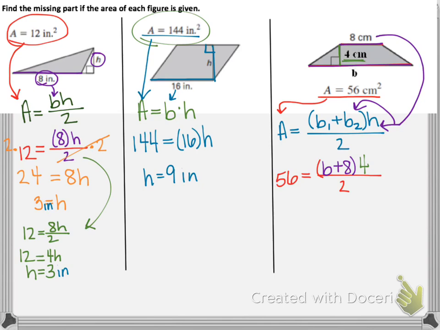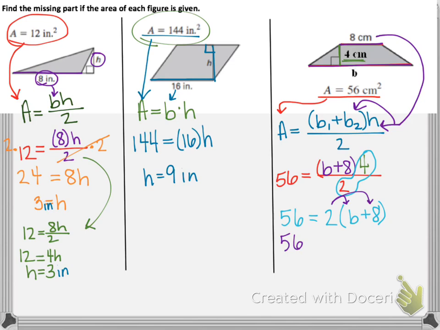Okay. So we can always multiply by 2 and start working it from there. One other thing that we can do, let's take 4 divided by 2 right here. 4 divided by 2 is 2. So we have 2 times b plus 8. So then what we'll do is we'll go ahead and distribute the 2.